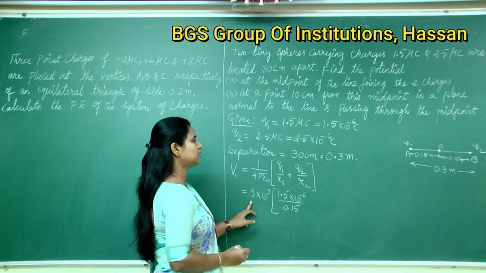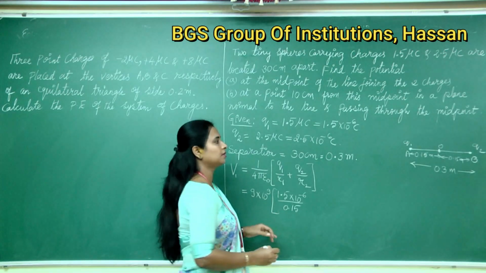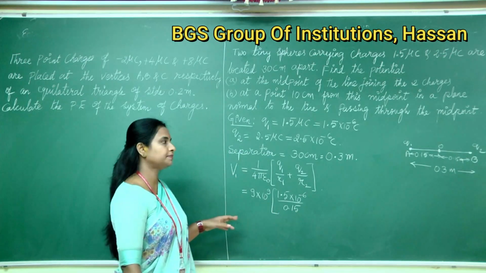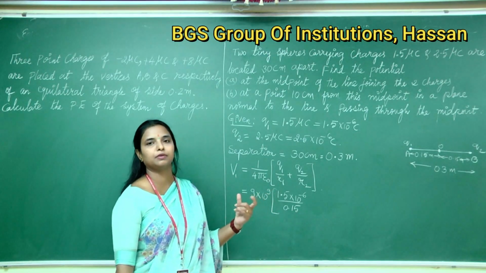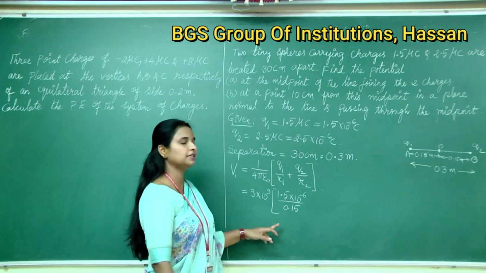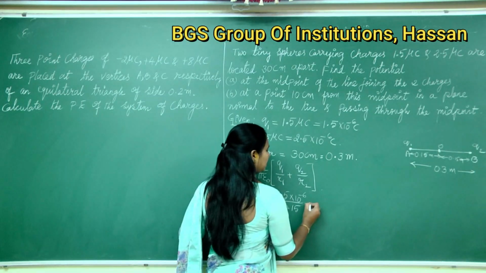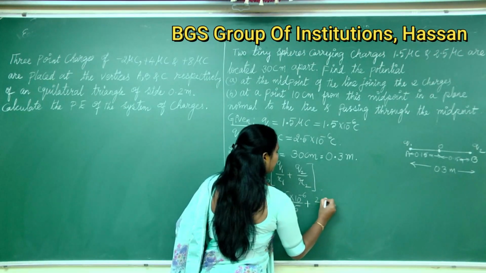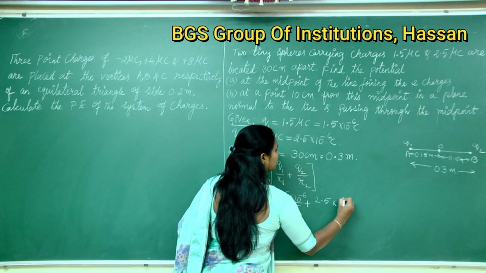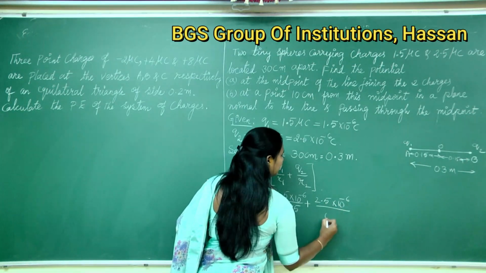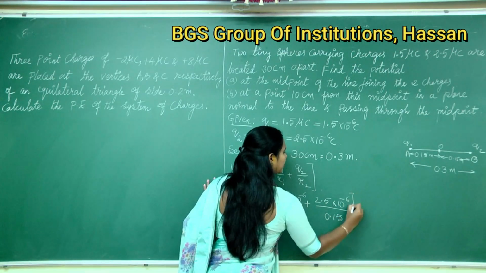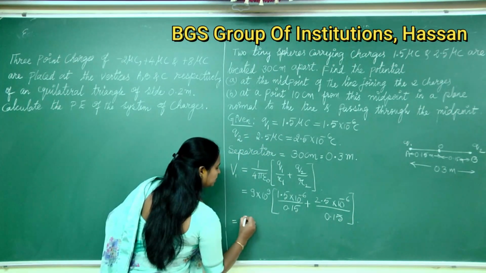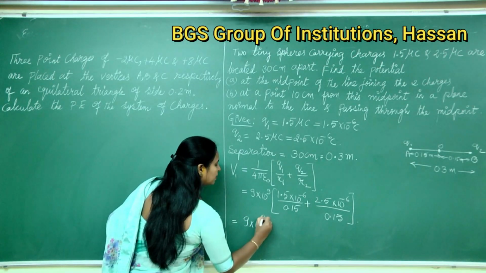Isn't it? The distance of the charge Q1, that is point A, to the point O is half of the separation between the two charges, that is 0.15, plus what is the value of Q2? 2.5 into 10 power minus 6 divided by 0.15, isn't it?